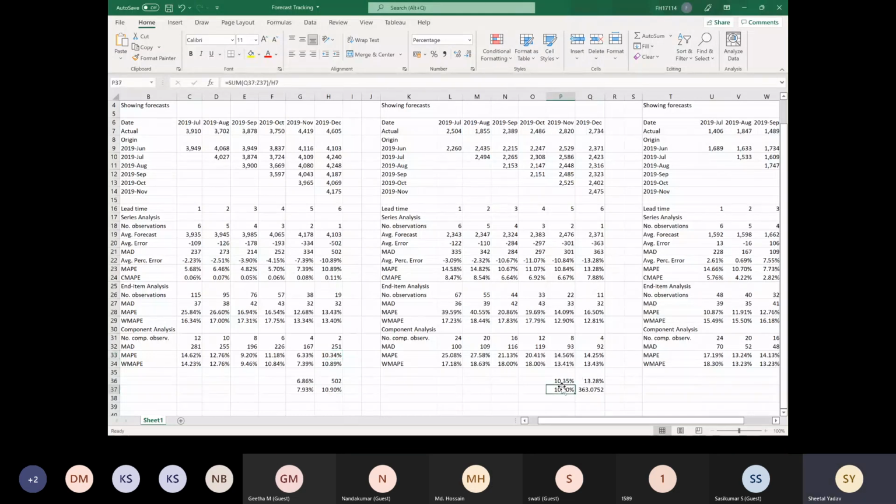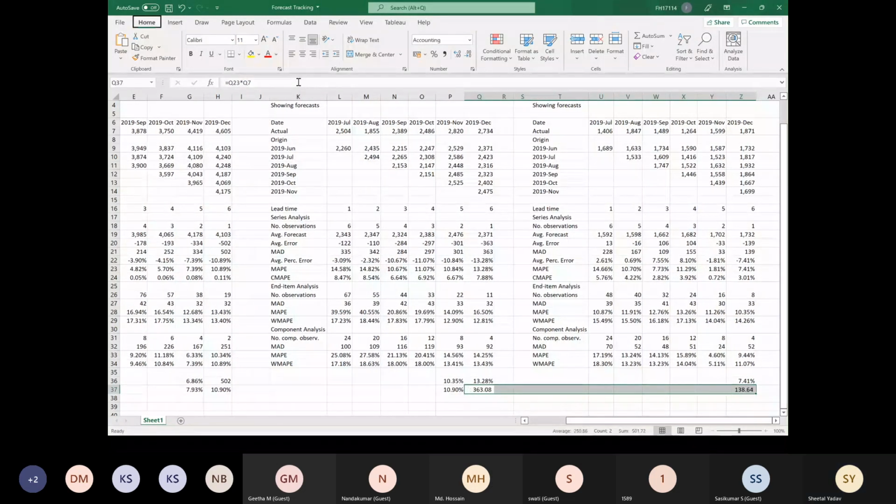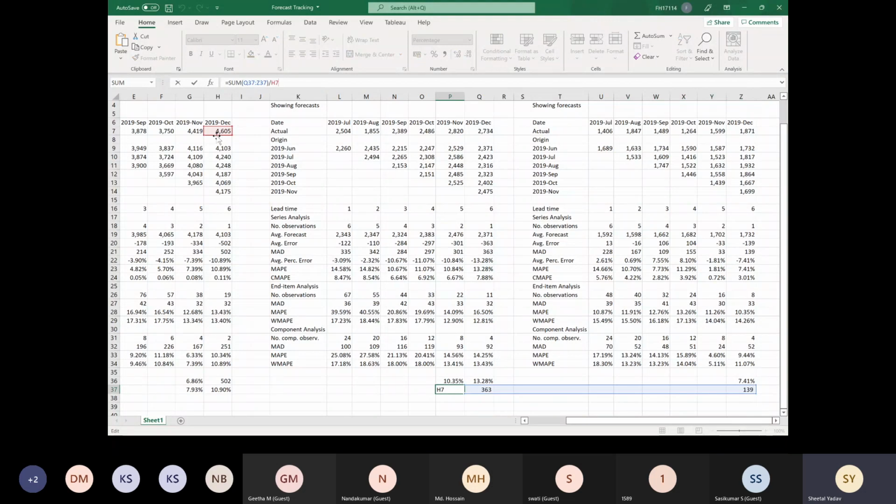Let's see how we calculate the WMAPE over here. To calculate WMAPE, we calculate the absolute error, aggregate that absolute error, and then divide it by my total actuals. So my total actuals is 406 and my total absolute error is 502.